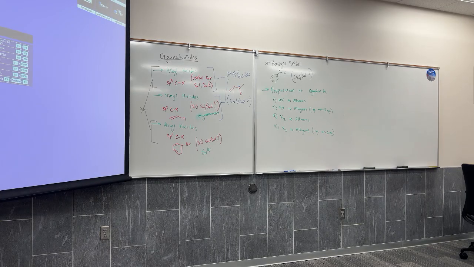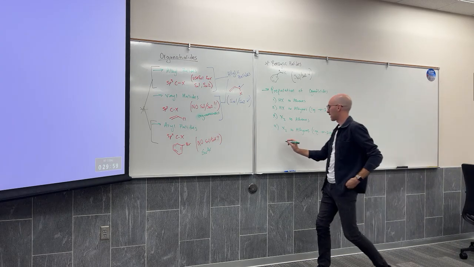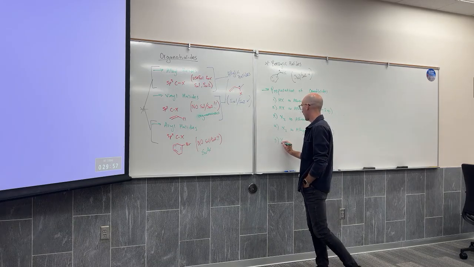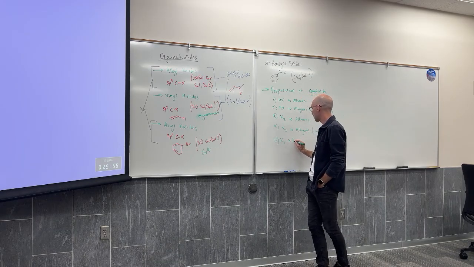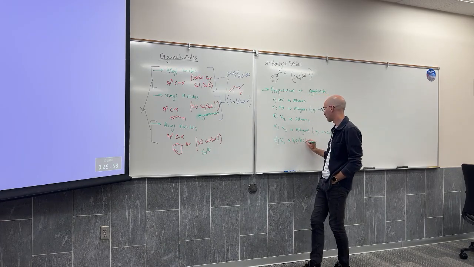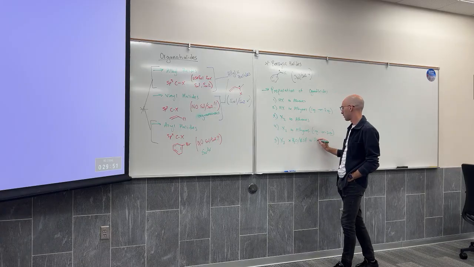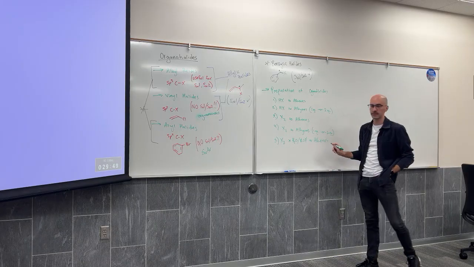X2 to alkynes gave us trans vinyl dihalides or tetrahalide products. And the last one that we saw was X2 in water or alcohols, reacting with only our alkenes, not our alkynes.